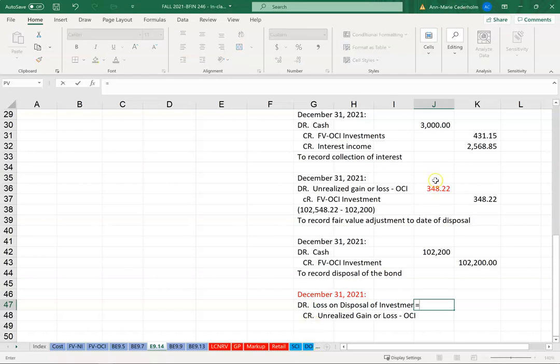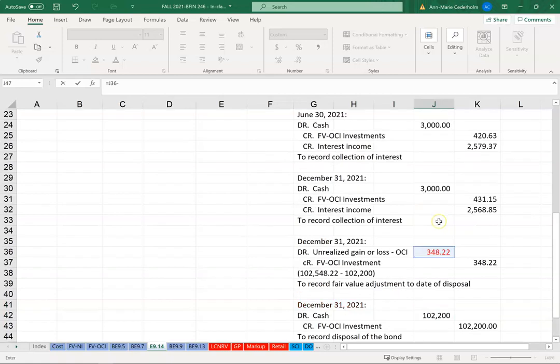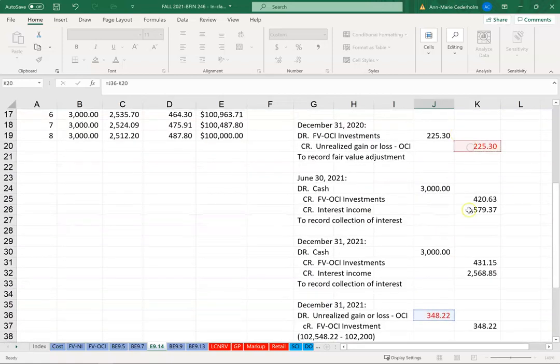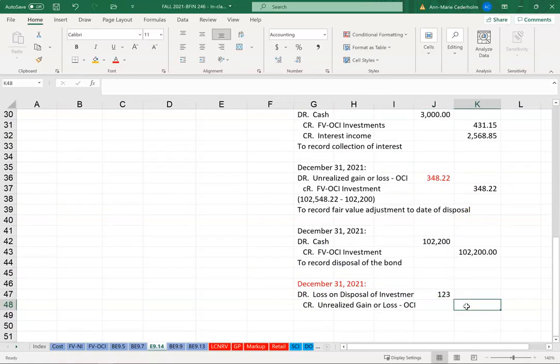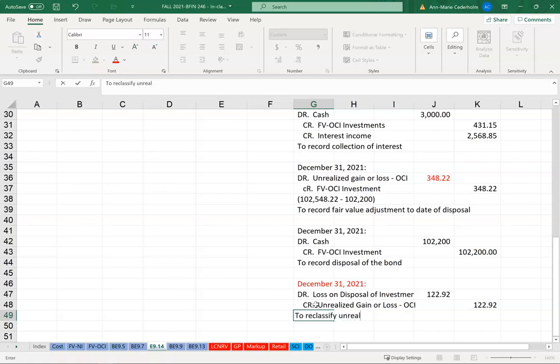So that's this minus this. To reclassify unrealized gains or losses by recycling through net income.